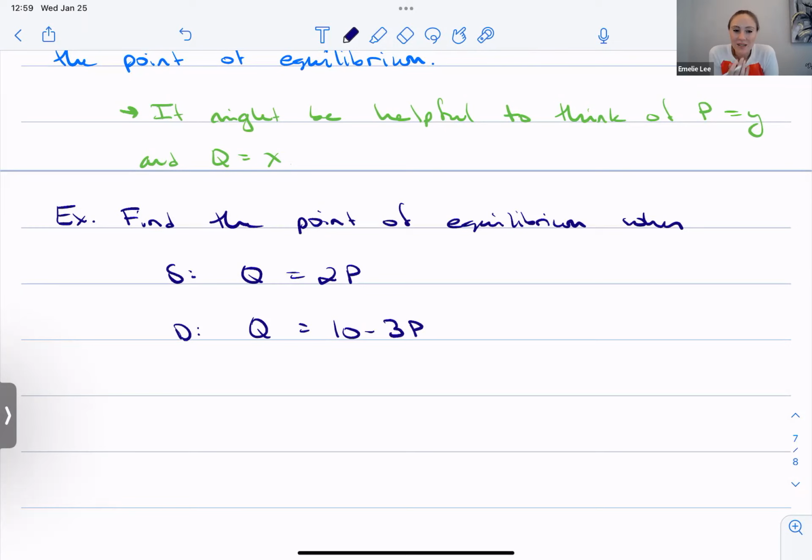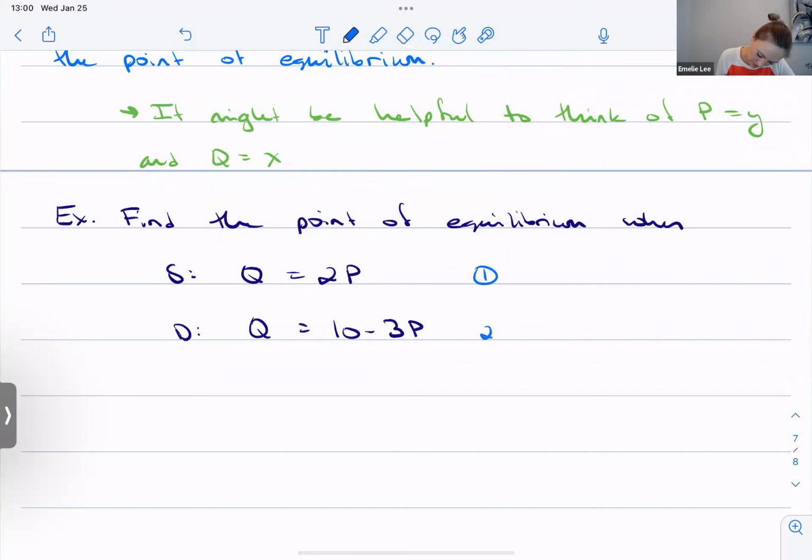This is nice because they're already solved for Q. So what can I do? I'm going to use substitution, but I don't have to do very much work here because they're both already set to Q. So I'm going to take 2P and set it equal to 10 minus 3P.